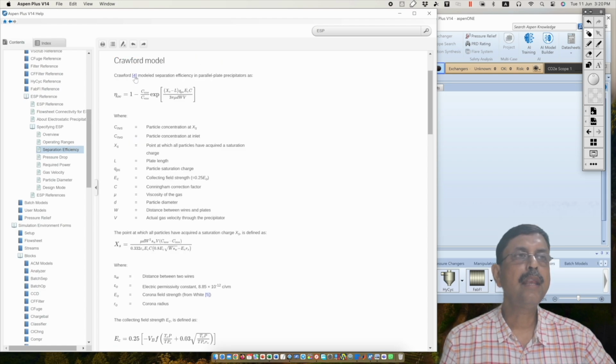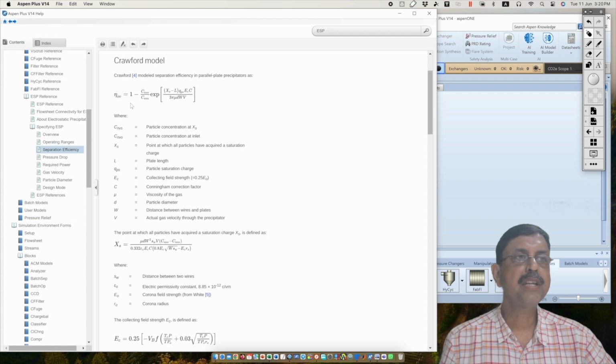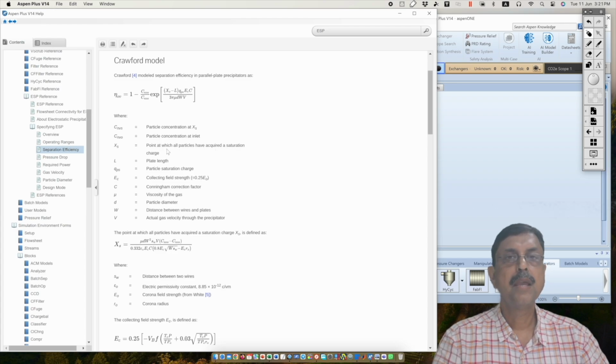The Crawford model in detail you will find over here: Air Pollution Control Theory by Crawford, Chapter 8, Electrostatic Precipitation. It's an old book, but you will get the information over here. Now the separation efficiency is given by this particular model equation, where CNVS is the particle concentration at XS, where XS is the point at which all particles have acquired a saturation charge, because the particles also have a capacity of accepting the charge.